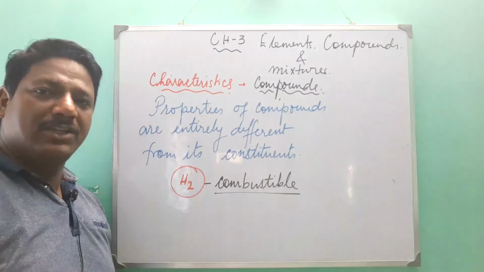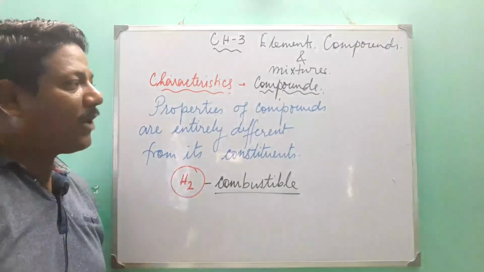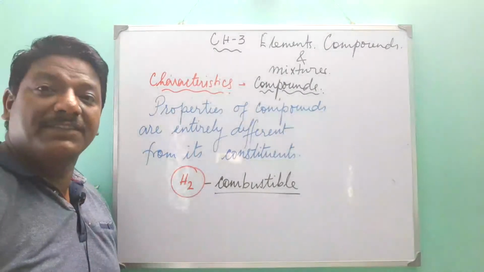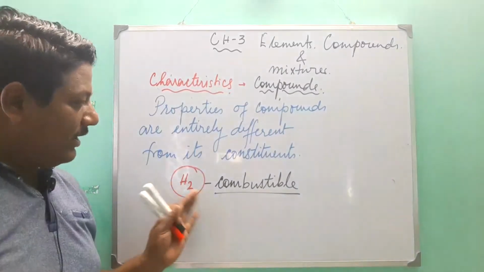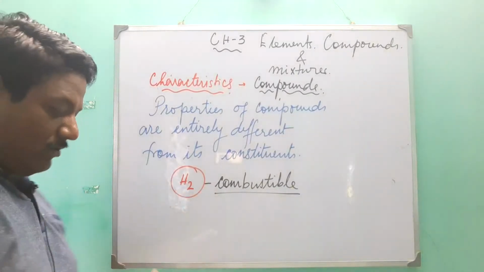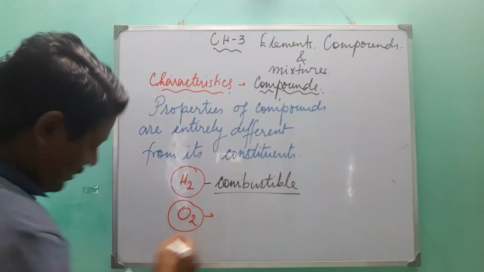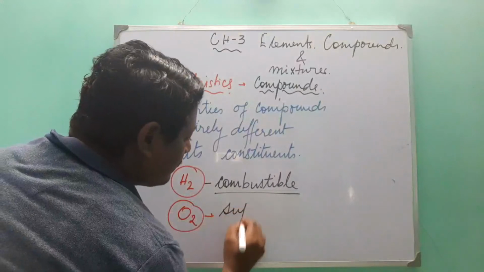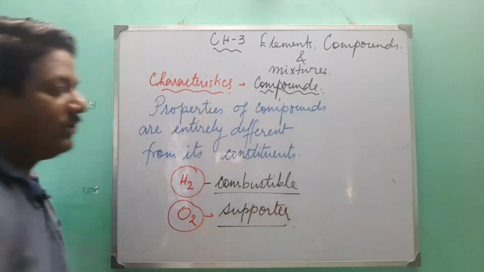All right, good. So let us see the properties of the compound, which are entirely different from those of the constituent elements. Now here we see hydrogen is a combustible gas. And oxygen is a supporter of combustion.